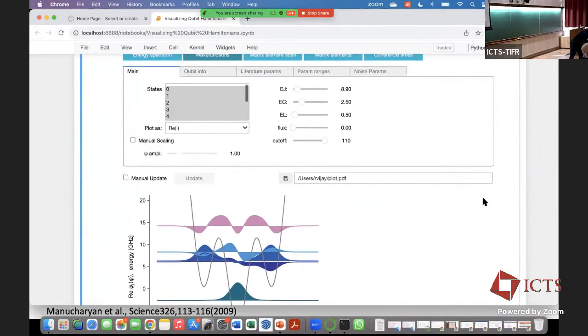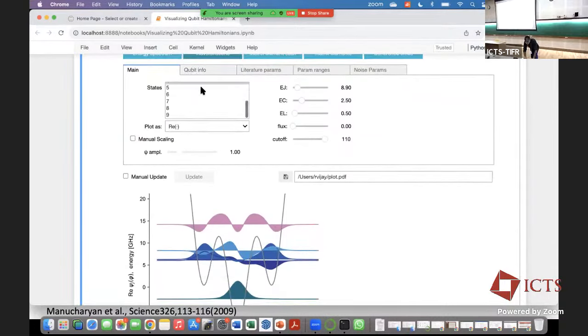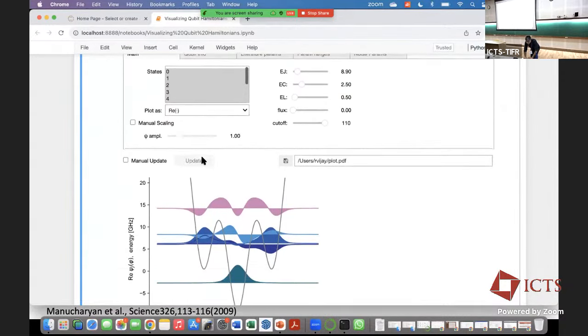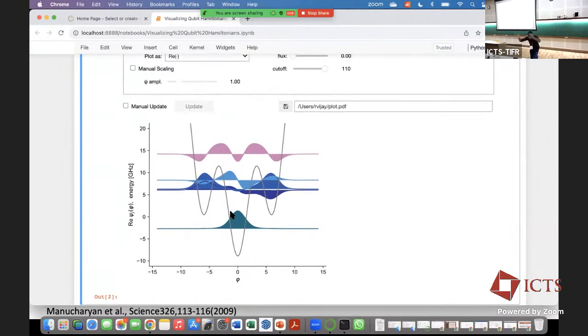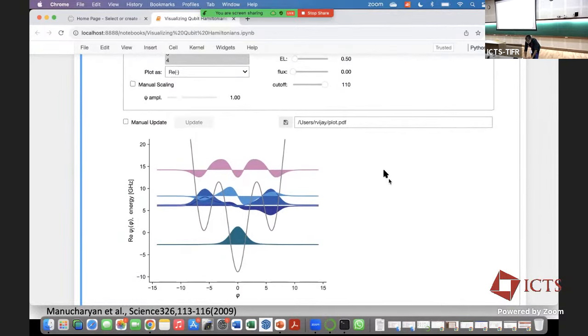Let me see if I can increase the number of levels. I thought if I expand it, I can show you the parabolic outline of this thing. But let's now change the flux.